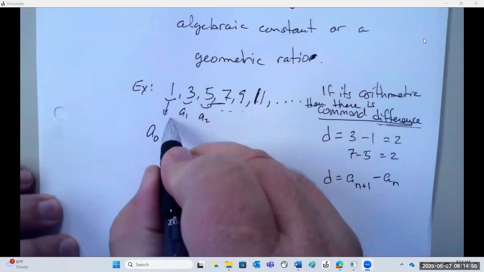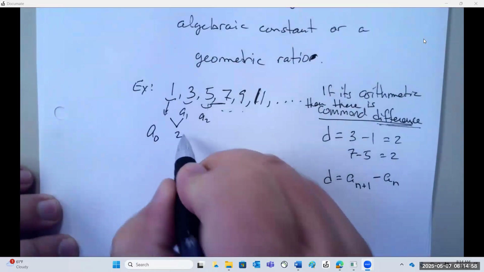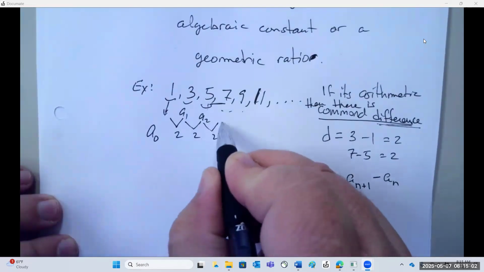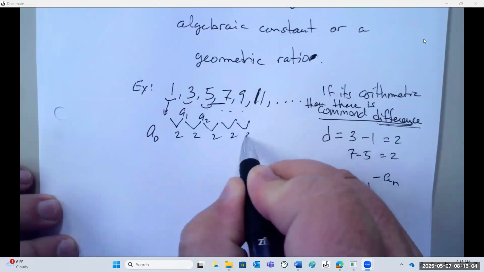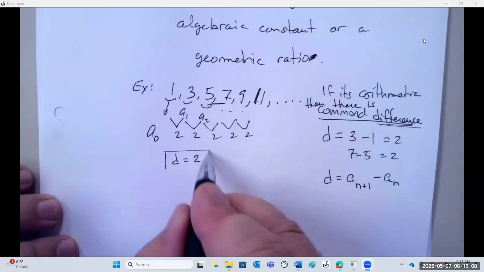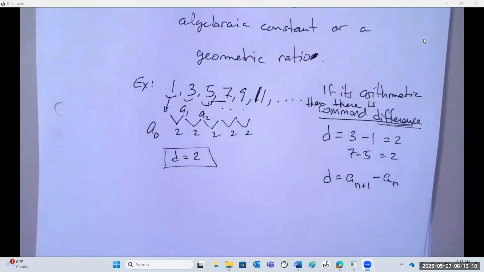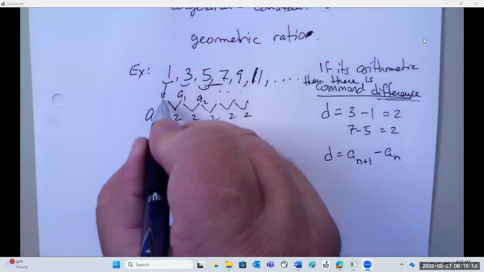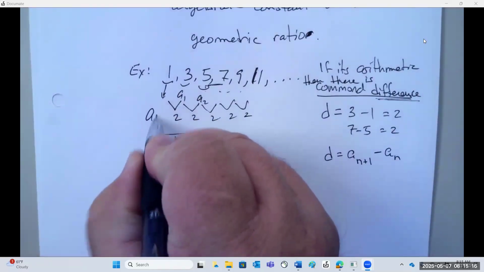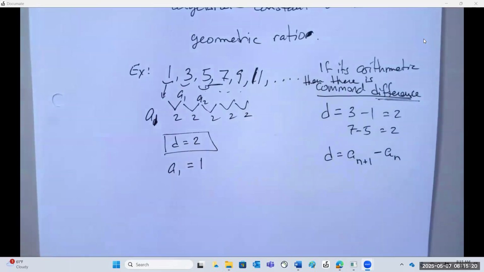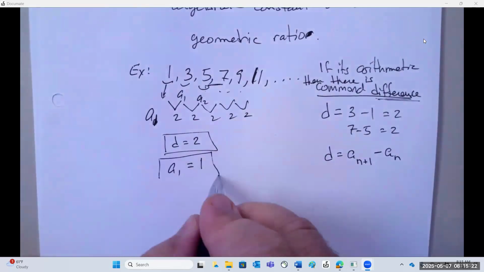You notice the difference between 1 and 3 is 2. Between 3 and 5, 2. Between 5 and 7, and so on. So our common difference is 2. And the first number in our sequence is a sub 1.